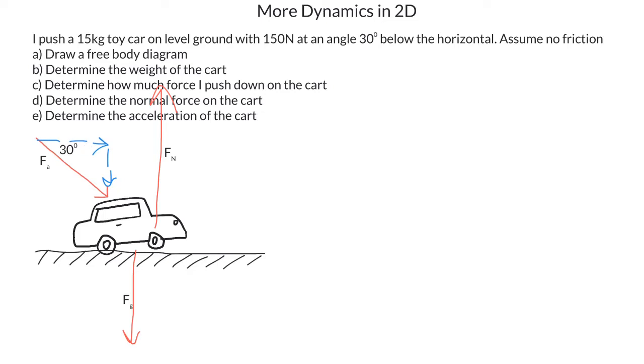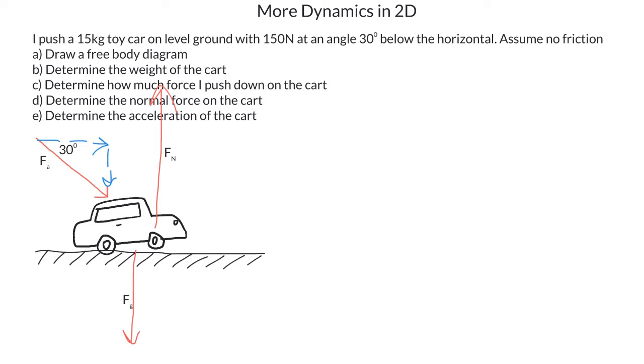So that's in there. And what I'm going to do now is I am also going to label this force going to the right, and I'm going to label this force going down. And really, these are just components of this applied force. So I'm going to call this one Fax because it's going in the x direction. We typically think of horizontal as being in the x direction.